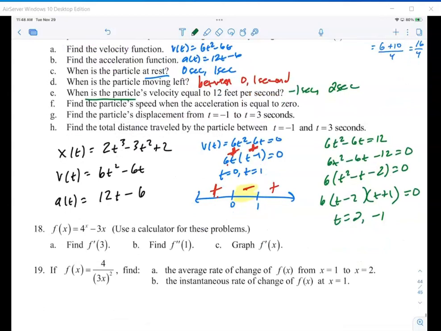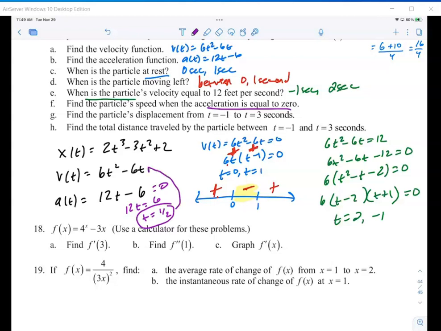Find the particle speed when the acceleration is 0. This is kind of a two-part problem. First, I've got to see when the acceleration is 0. Well, that's at 1/2 a second.